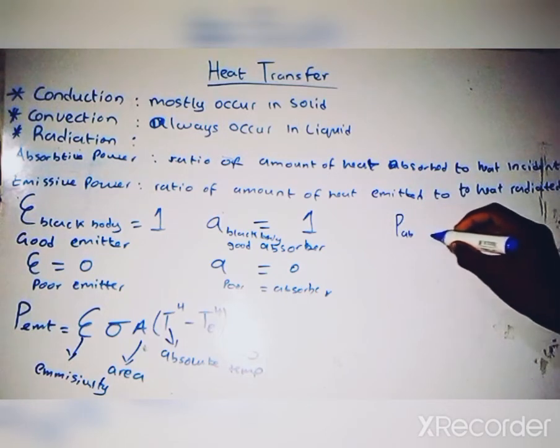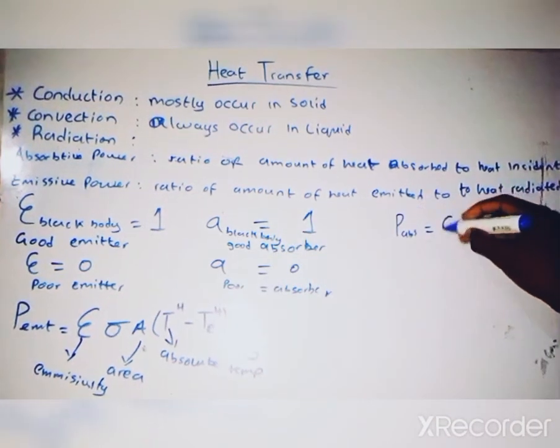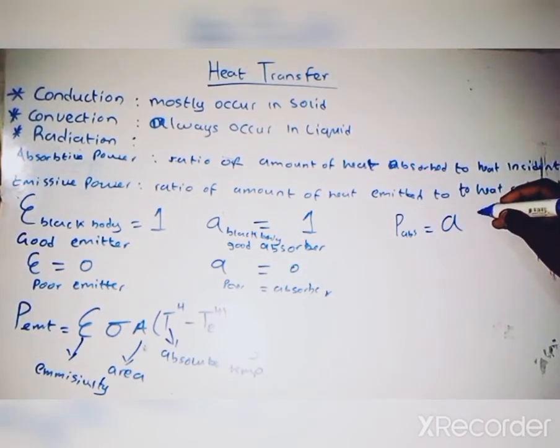The same thing applies to absorption. P absorbed is equal to absorptive power, instead of emissivity, times sigma times A times T raised to power 4 minus Te raised to power 4.